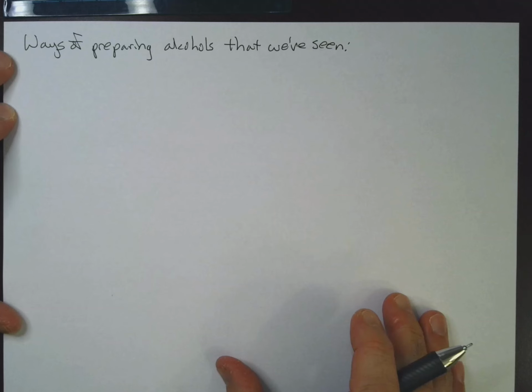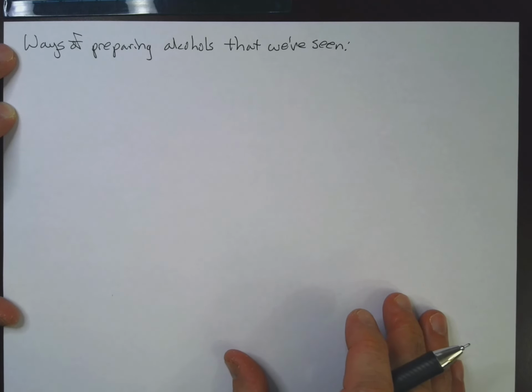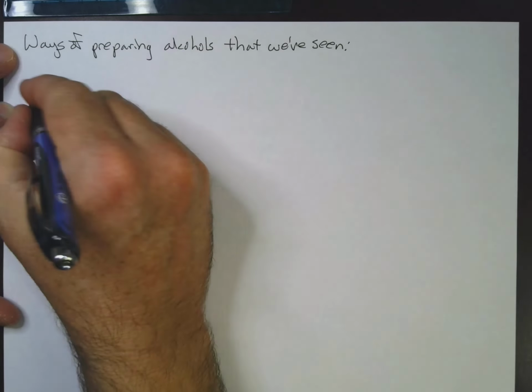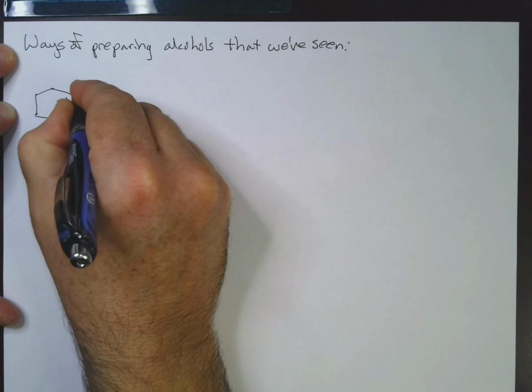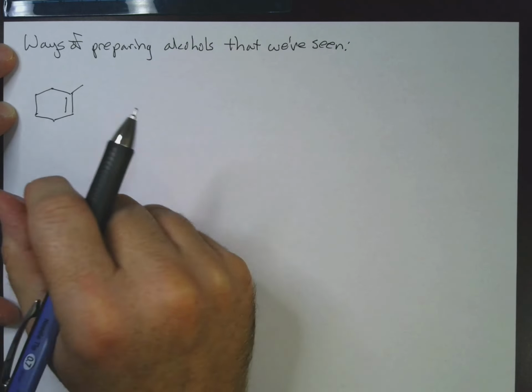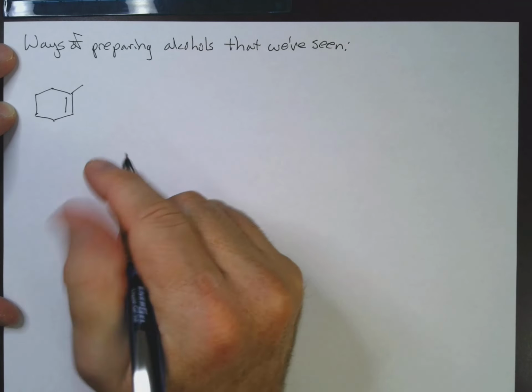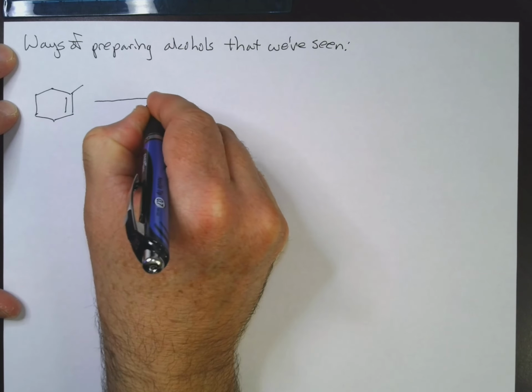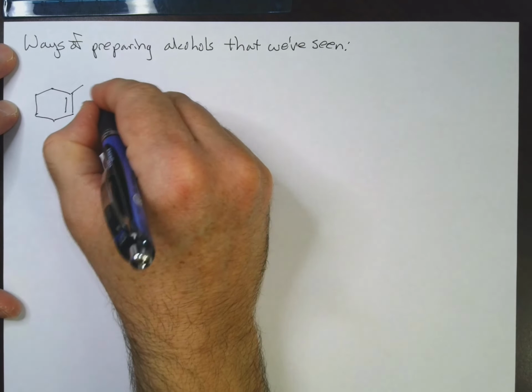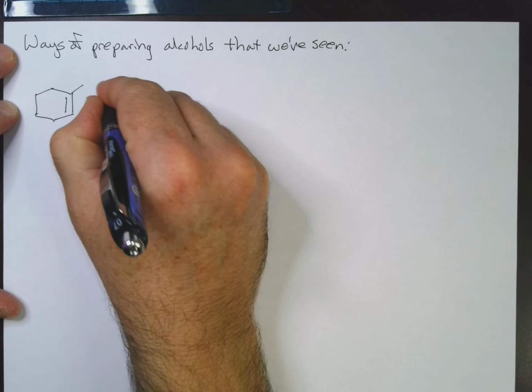So there are some ways of preparing alcohols that we have seen. So let's say we had the following. We can do a simple hydration.